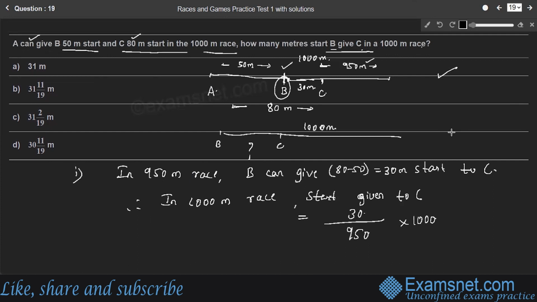In the 950-meter race, in the first case, the start given by B is 30 meters. So what is the start given to C in the 1000-meter race?